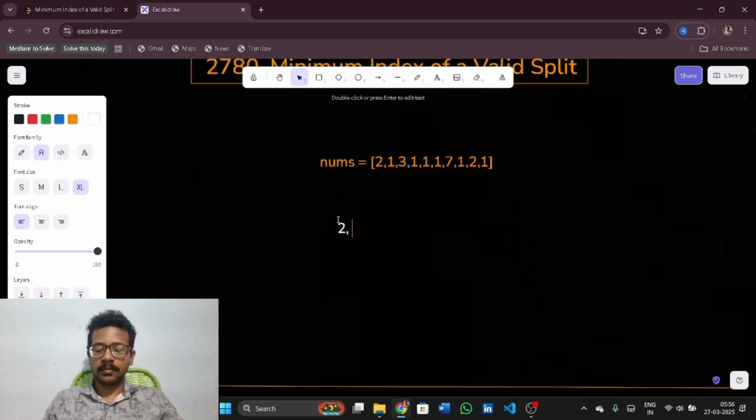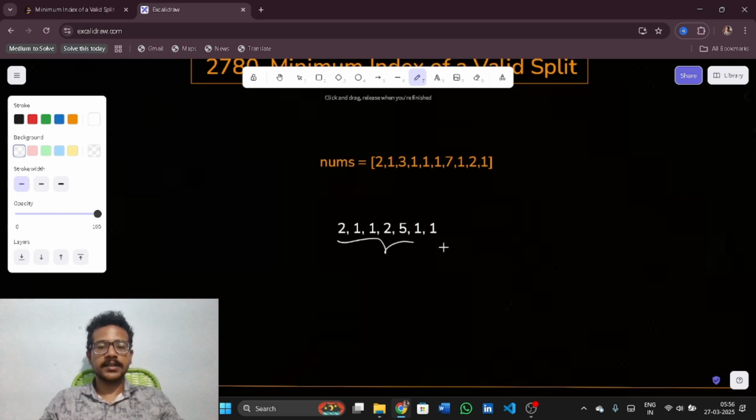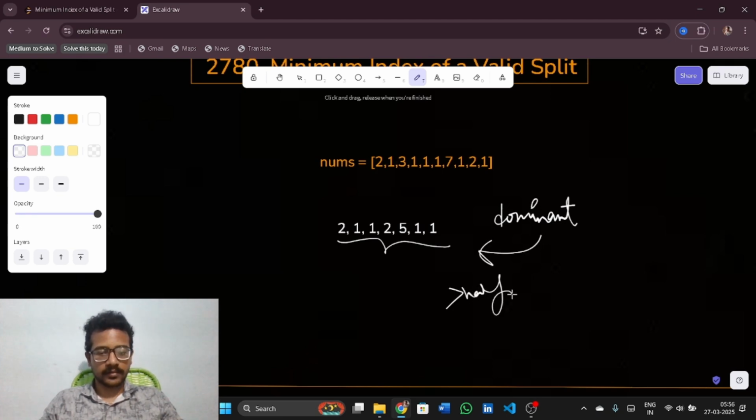Imagine I am having an array something like 2, 1, 1, 2, 5, and then 1 and 1 again. Now here, if I consider this array, the dominant element would be occurring in this array for more than half the times.